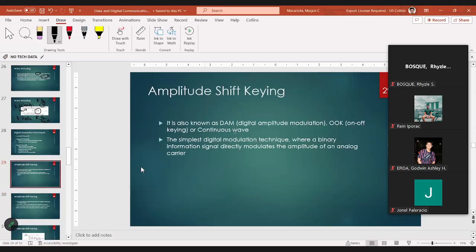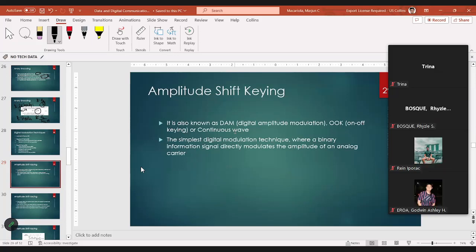Ayan. So, it is also known as DAM, on and off keying. And amplitude shift keying is the simplest modulation technique wherein a binary information signal directly modulates the amplitude of an analog carrier. So modulation, pinadefine ko din sa inyo.